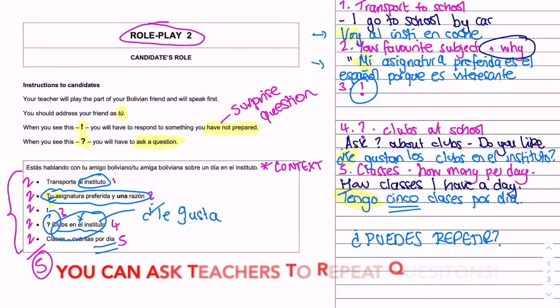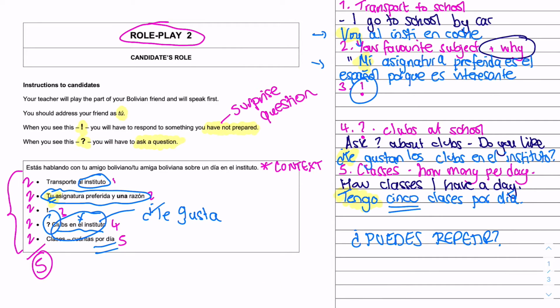Because that surprise question, you can ask your teacher to repeat as many times as you want in Spanish, and they will repeat it. And it'll give you that extra little bit of time just to think before you give an answer, giving yourself the chance to access those 2 marks. So, once you've done that, take your notes in and read them out.